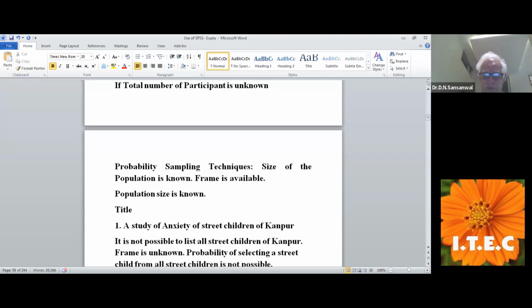So therefore, here you have to use the non-probability sampling.